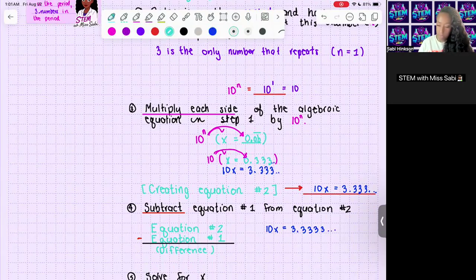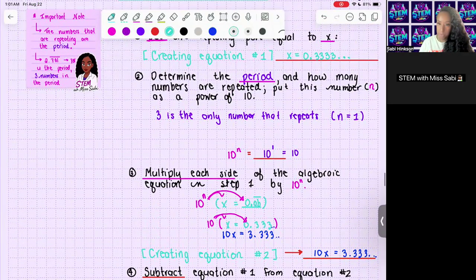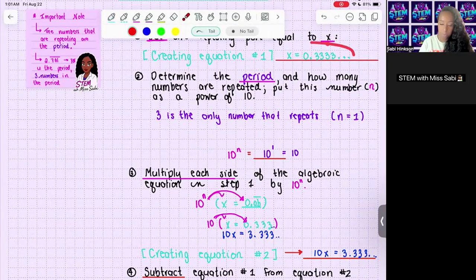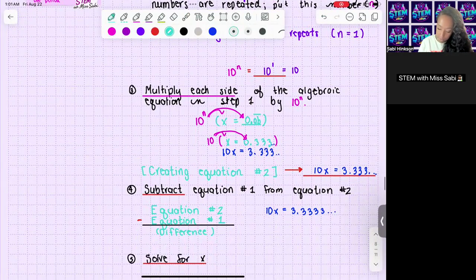Equation number 1, if you go back up to the top, is x equals 0.3333. Remembering we're subtracting, you're taking this away from that, and this away from this.